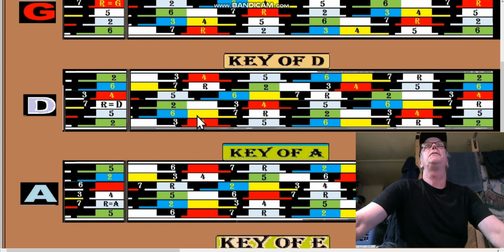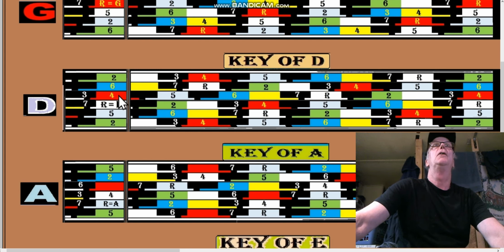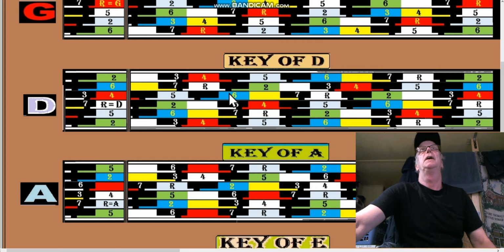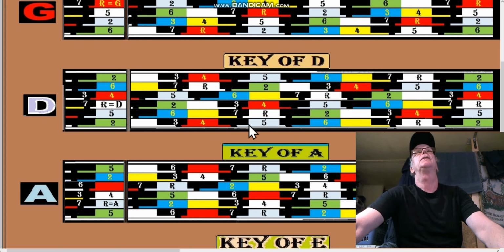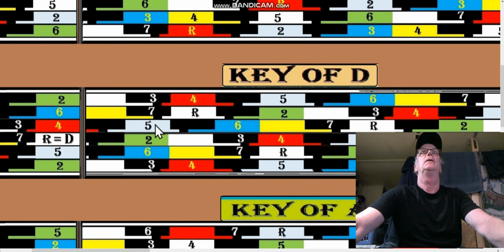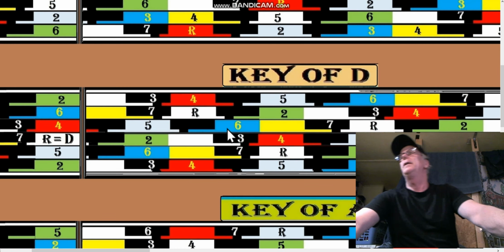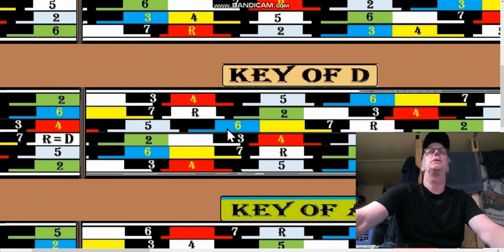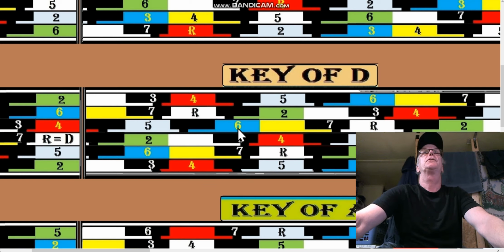Again, when we hit this 5, 6 here, oh, it's not so much the wind. I think it might be my heater going off. I hope so. When we hit this 5, 6 right here, we're going to warp up for the 7, root 2. So 7 isn't going to be over to the left because of the tuning warp. So it's going to come up here, 5, 6, 7, root 2.